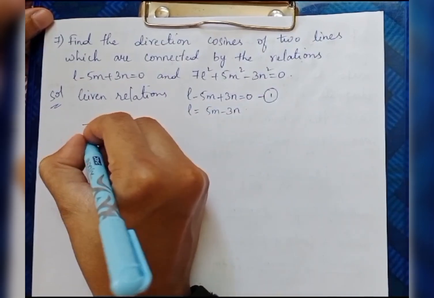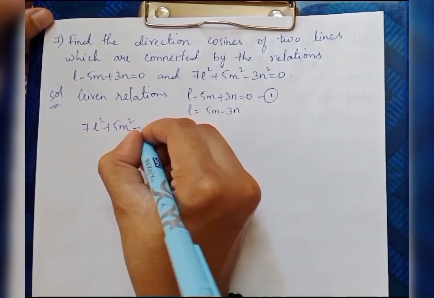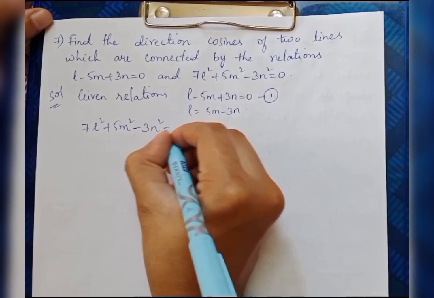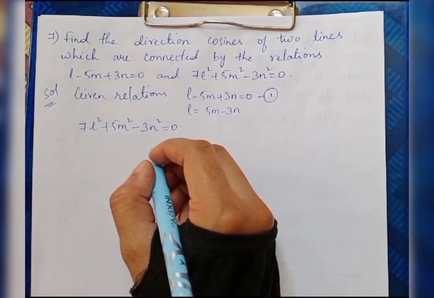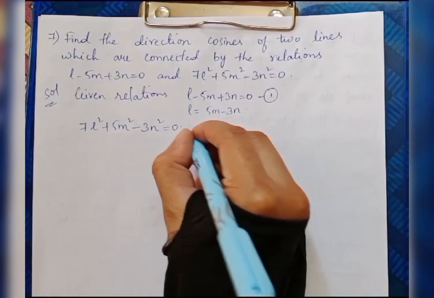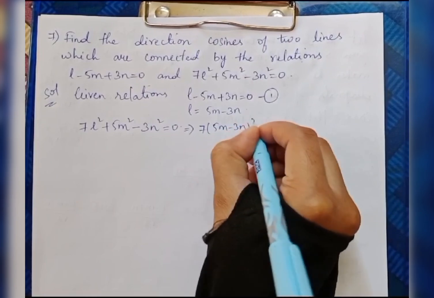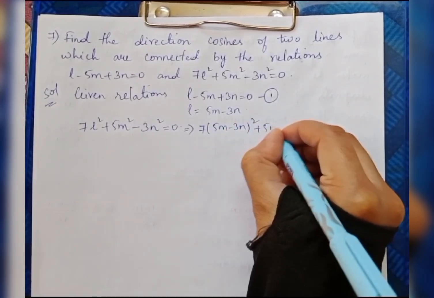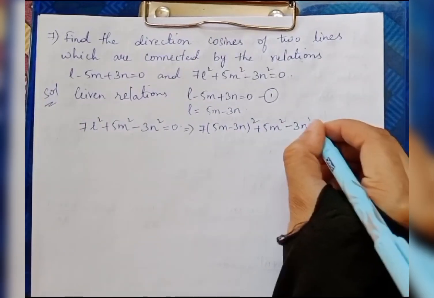And equation 2 is 7l square plus 5m square minus 3n square equals 0. Substituting the value of L here, it will be 7 into (5m minus 3n) whole square plus 5m square minus 3n square equals 0.